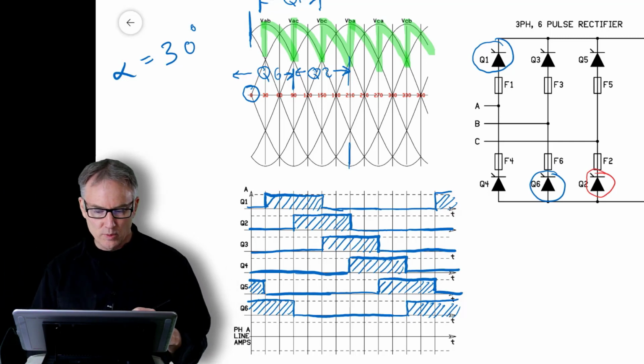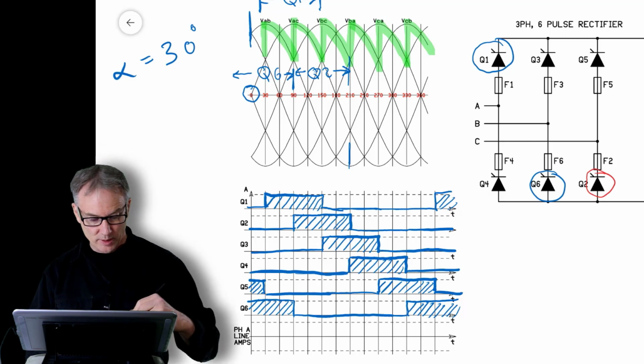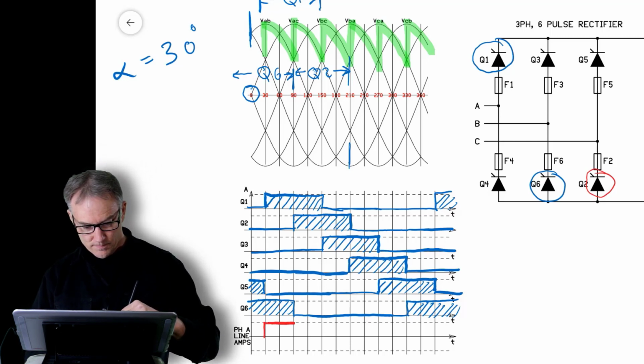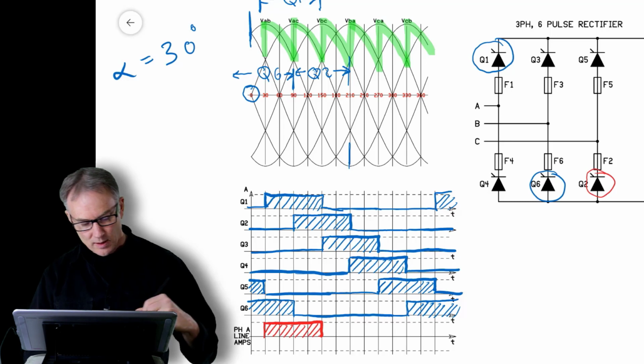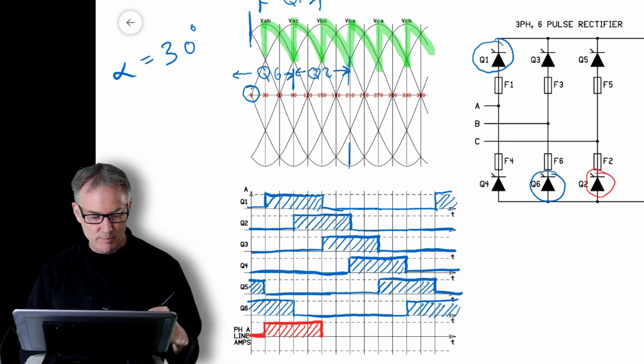All right, so Q1 and Q4 are both connected to phase A. So Q1 represents the positive half cycle. So what I do is I pull down Q1's waveform. And this is what the current's going to look like on the AC line for the positive half cycle. And now I've got to find its negative match.